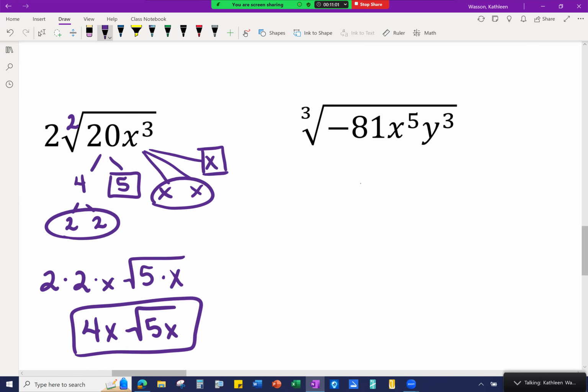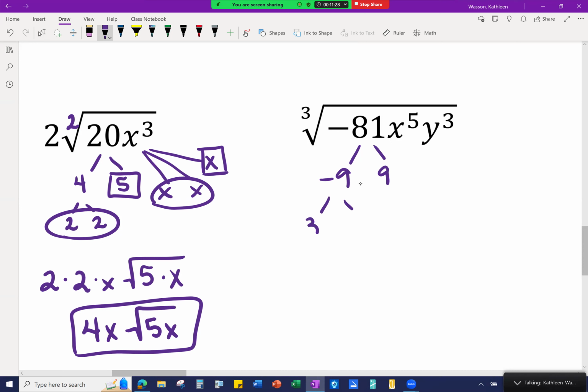Last one. I have a cube root. I also have a negative radicand. And simplified radicals have positive radicands. So I'll have to find a way to pull the negative out. 81 is negative 9 times 9.